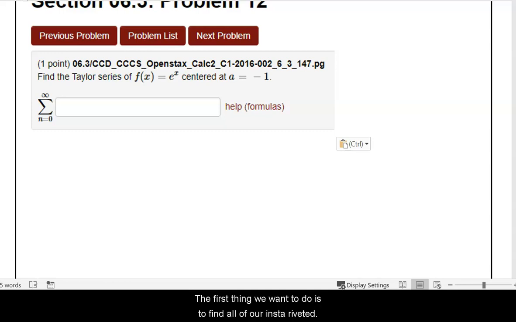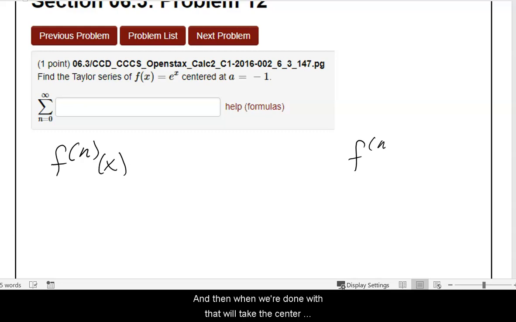So first thing we want to do is to find all of our nth derivatives. And then when we're done with that, we'll take the center, which they gave us as negative 1, and we'll plug those in. Okay, so the first thing I want to do is compute my derivatives, but that's easy because the derivative of e to the x is always e to the x.